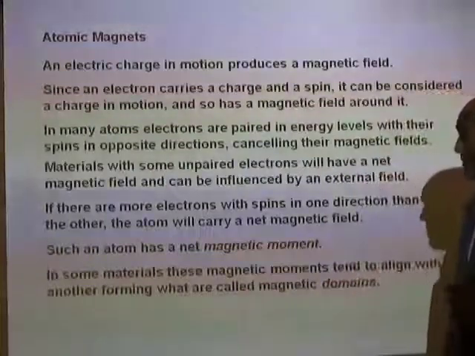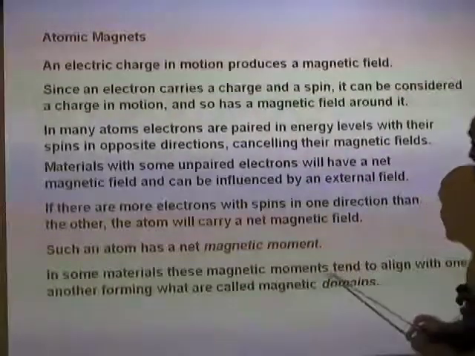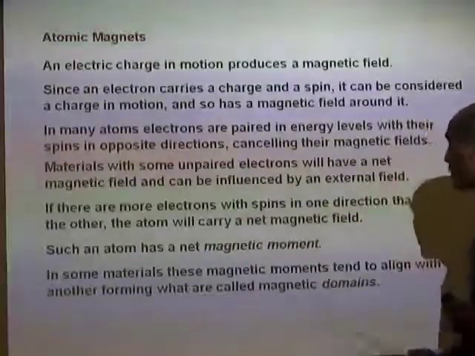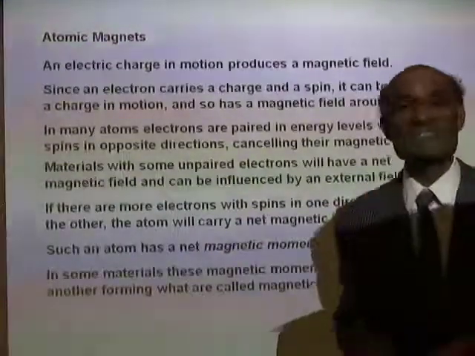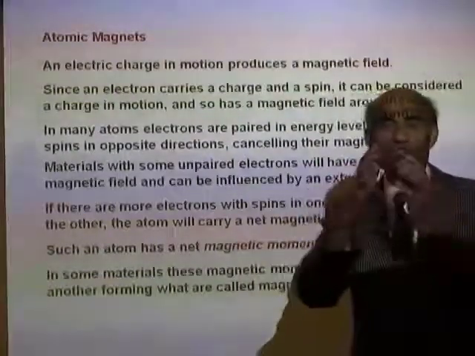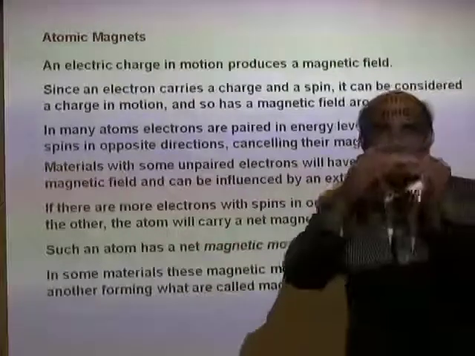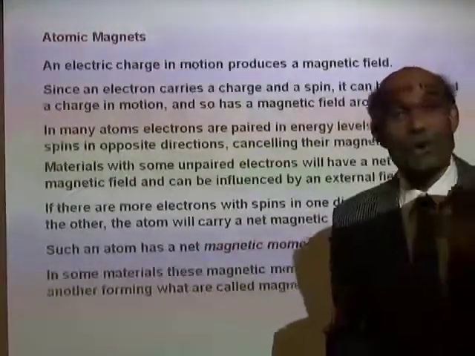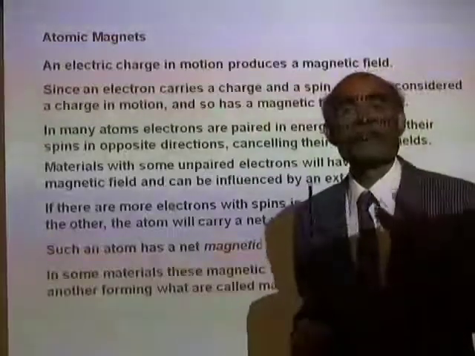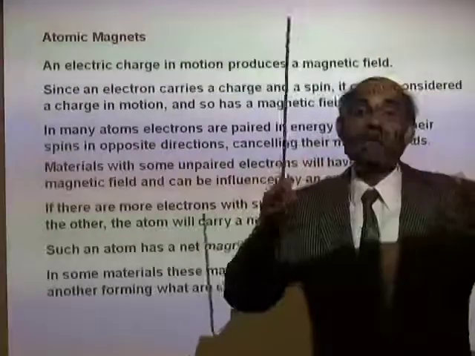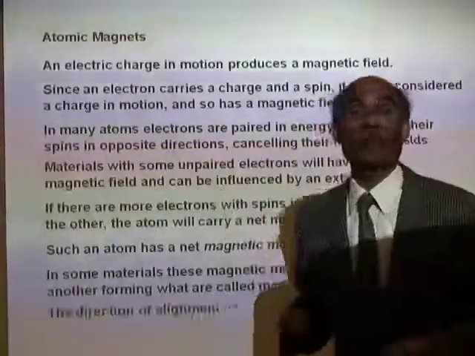In some materials, these magnetic moments tend to align with one another, forming what are called magnetic domains. So, in some materials, most of these magnetic moments will align themselves to form domains. But ordinarily, the material will not exhibit magnetism because these domains are randomly organized.